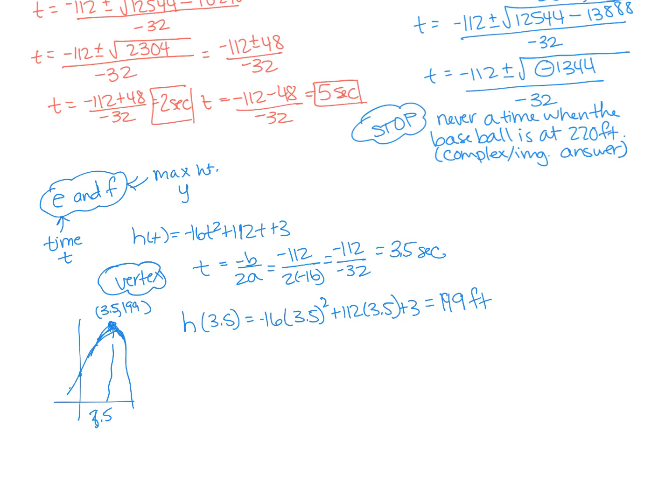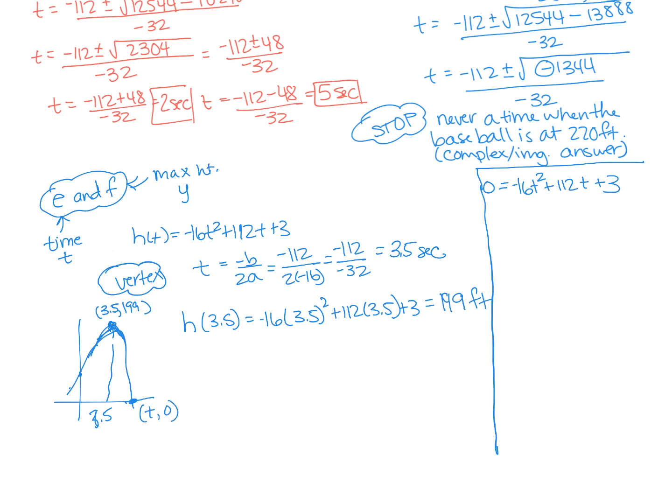The next question asks for what time it hits the ground. That is going to be a problem where I set my height equal to 0. So 0 equals my equation, negative 16t squared plus 112t plus 3. I'm looking for what time my height is 0.